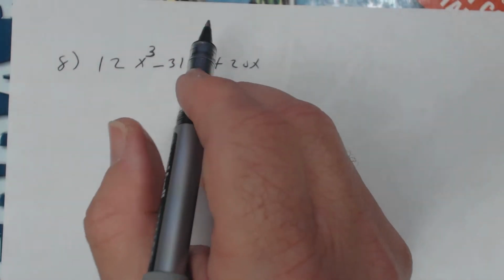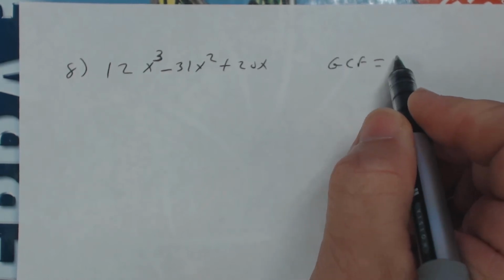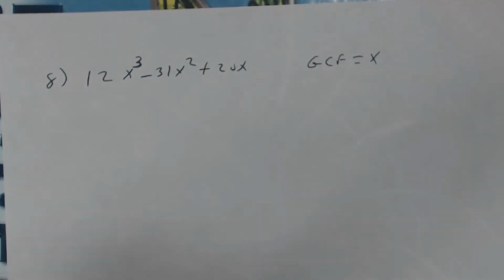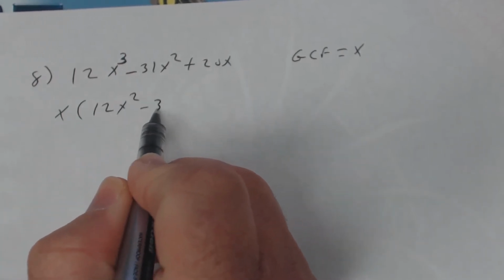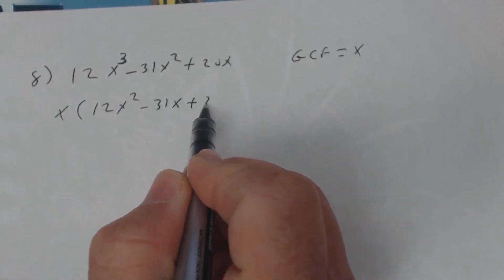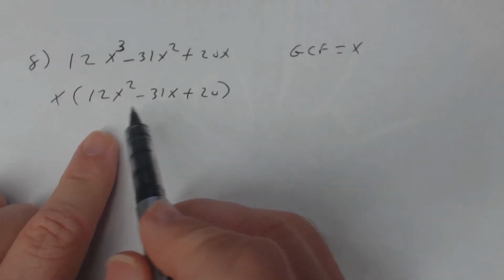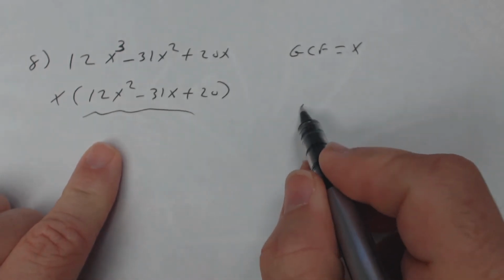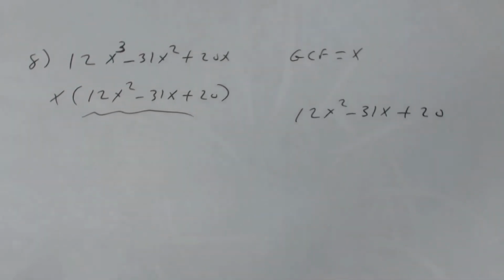All right, so the GCF here is going to be just x. That's your GCF. So I get x times 12x squared minus 31x plus 20. All right, so let's go off to the side and figure out if I can factor this trinomial right here. So 12x squared minus 31x plus 20.